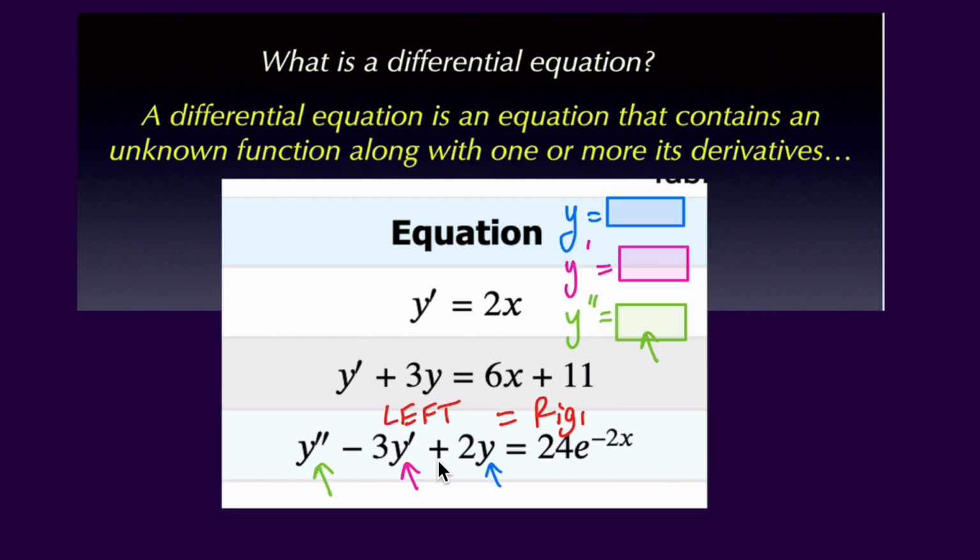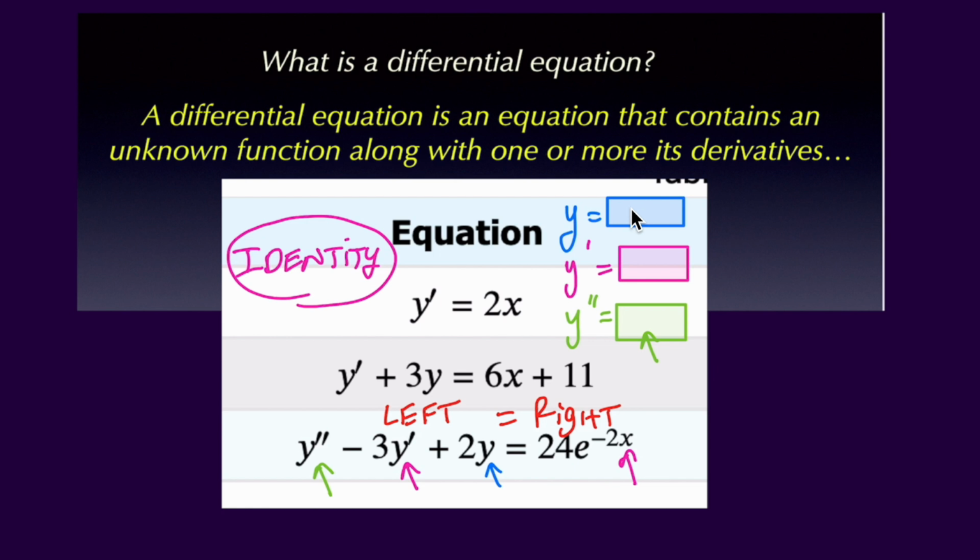And if that is true, if the left side equals the right side, then we have what we call in math an identity, meaning this is going to be true for all values of x. X is the independent variable, that's the input.